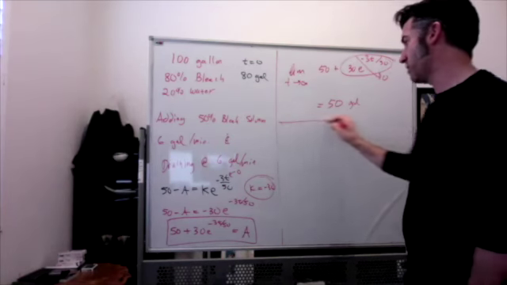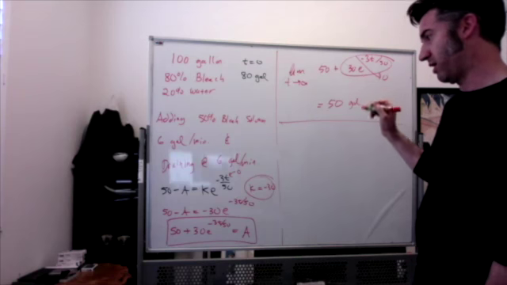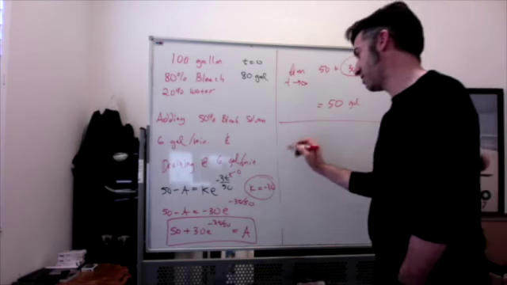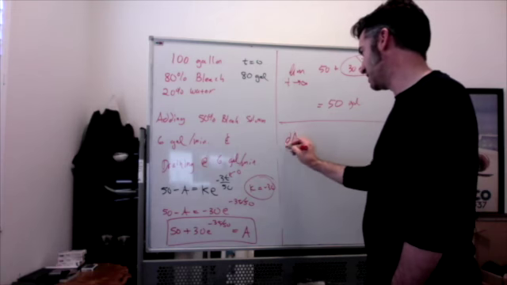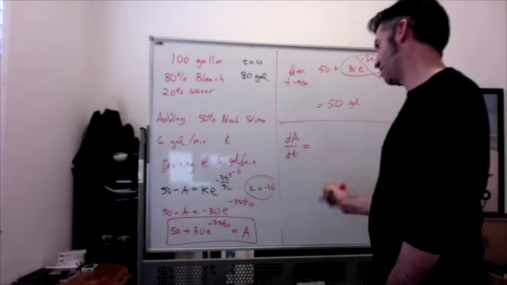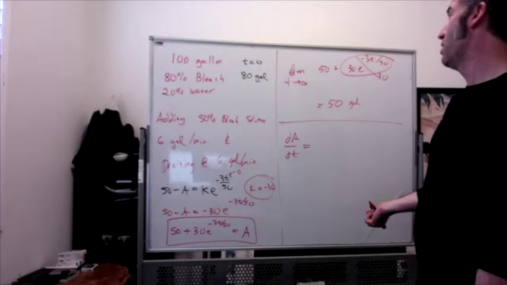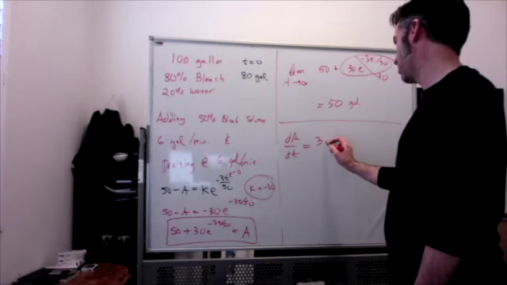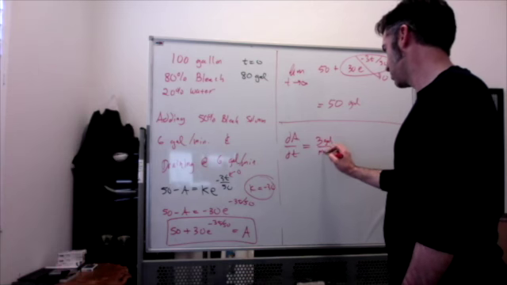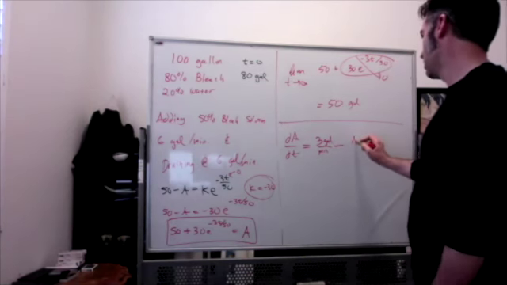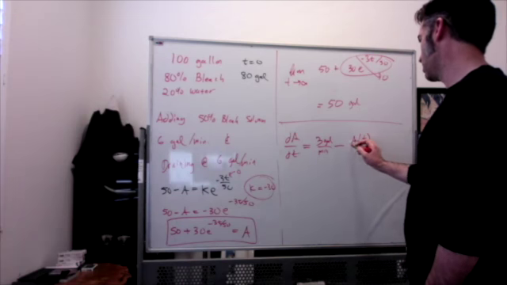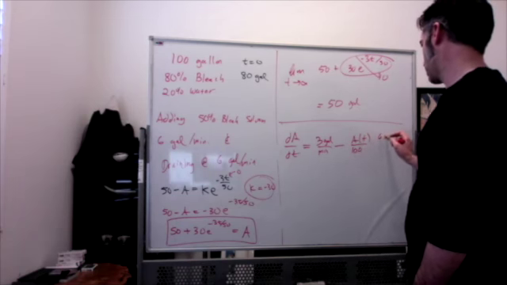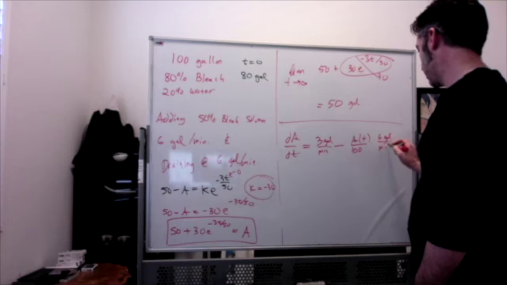I know I erased my differential equation. Let's see if I can remember what it was. It was dA/dt equal to 3 gallons per minute minus A over 100 gallons times 6 gallons per minute.